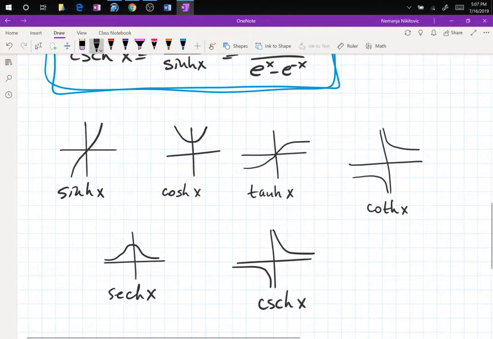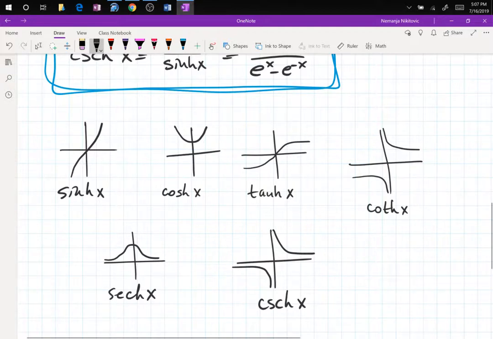None of these are periodic, and you can figure out their domain and range by staring at the graph. Sine hyperbolic has both domain and range as all real numbers, because it stretches infinitely left and right, and infinitely up and down.